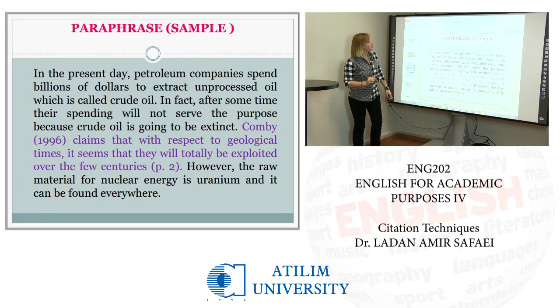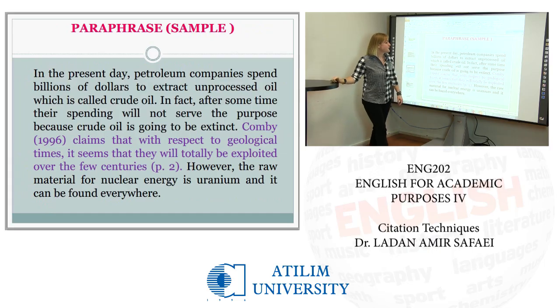Now, I have an example of that. Just a piece of information for you: when we are using paraphrases, in order to make our reader sure whether this is something taken from an original source, we use the signal format of in-text citation.